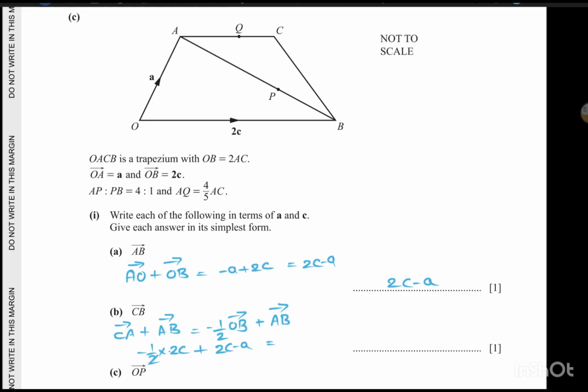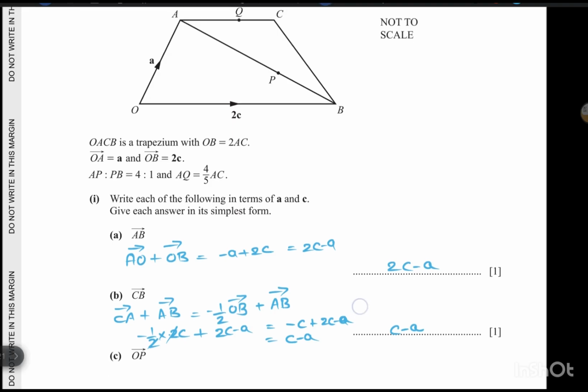So the 2 and 2 cancel, it is minus c plus 2c minus a. So 2c minus c is c, with minus a left. So c minus a is the answer. Question B is done.